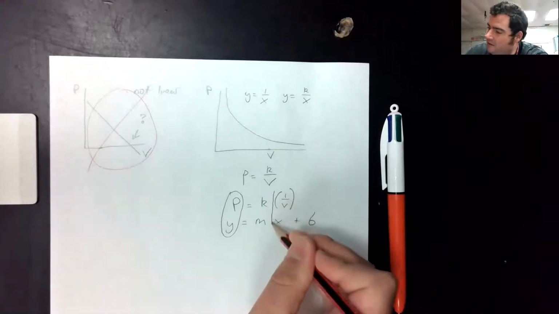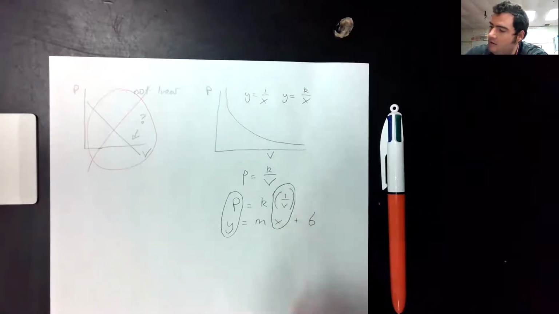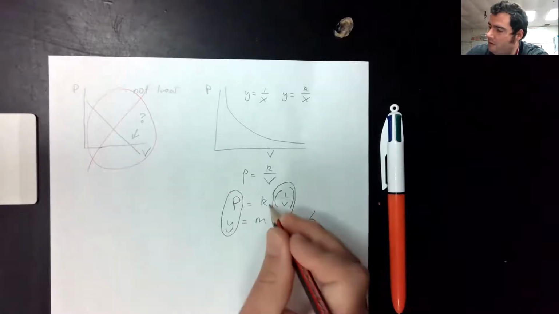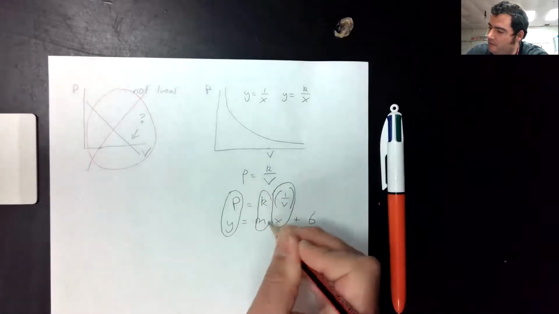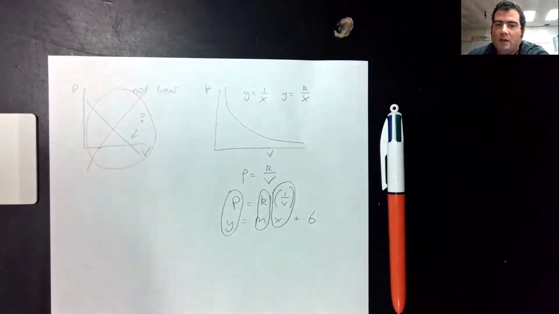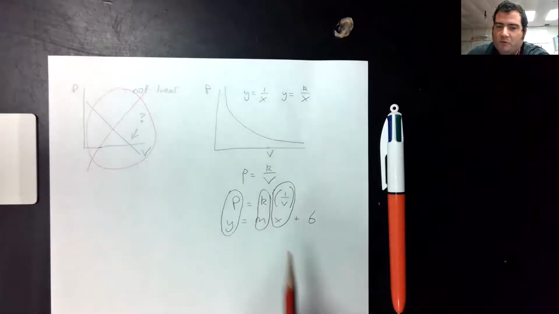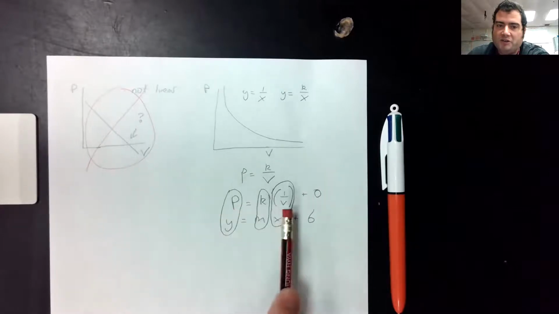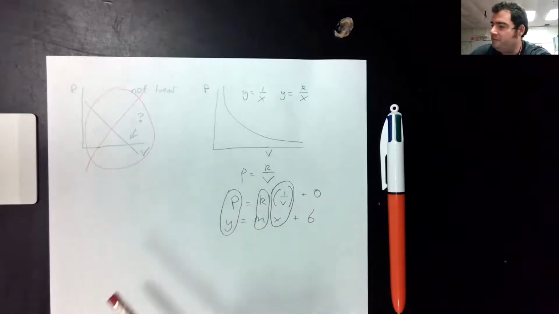On the x-axis, I should put the inverse of volume. What am I left with? The slope apparently will be whatever that random number is. But because this new equation lines up with y equals mx plus b, assuming there's no intercept, this should be linear if I make a graph of pressure versus 1 over volume. So that's what I'm going to do.